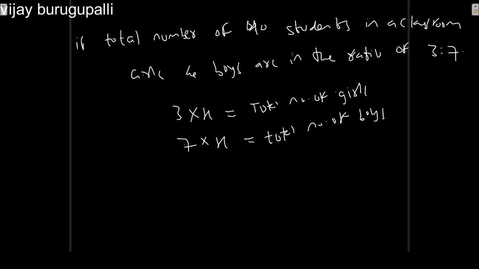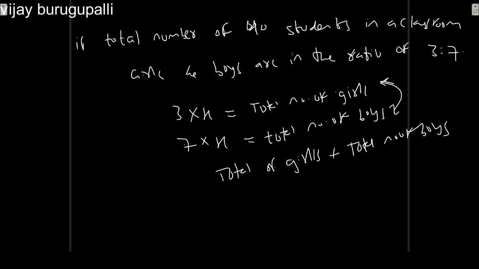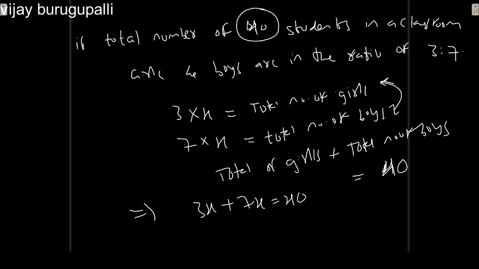If you add these two quantities, that means the total number of girls plus the total number of boys will be equal to 40, the total number of students in the classroom. So we can write it as 3x plus 7x equals 40.